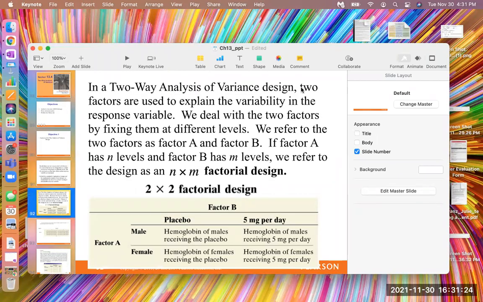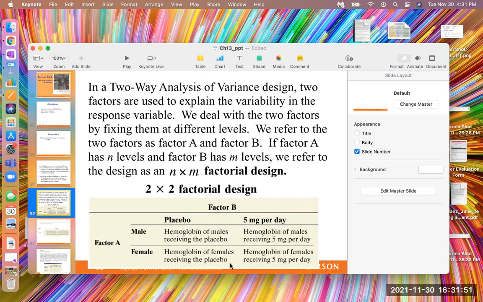In a two-way ANOVA design, they set it up as a matrix. It looks like a table, and they match every level of factor A with every level of factor B. Here, factor A is male or female, and factor B is either a placebo or 5 milligrams of this medicine.